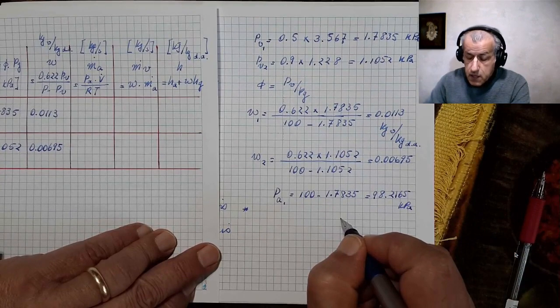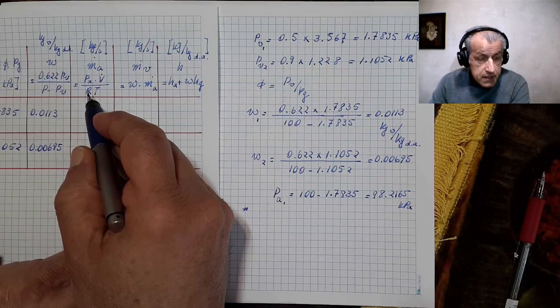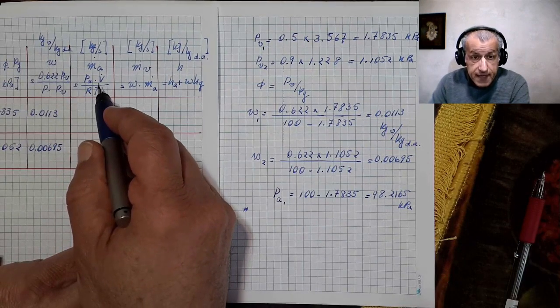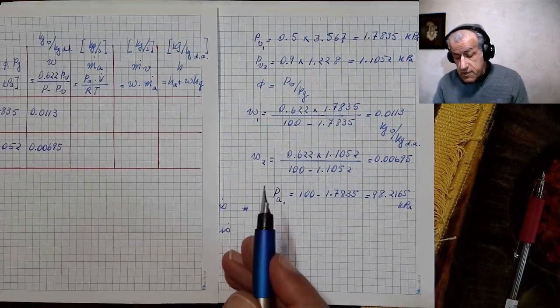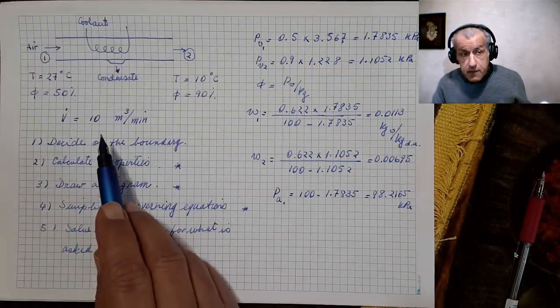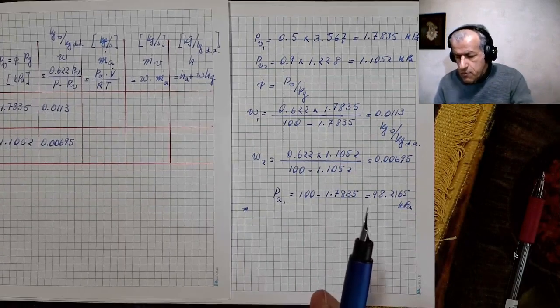Once we know the air partial pressure, we also know that V dot is 10 cubic meters per minute. This is what we were given from the problem.